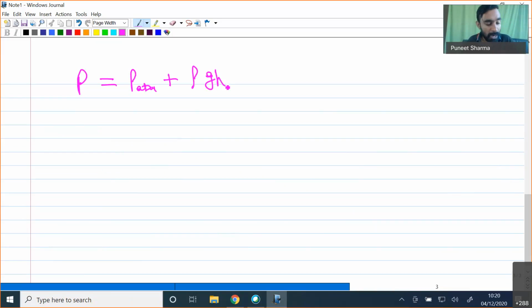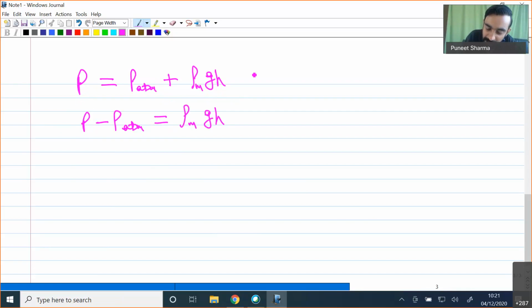Now, if I take the difference between the two pressures, P minus P atmospheric will be equal to rho m g into H. In this first case, we are measuring the value of pressure with reference to the absolute vacuum.